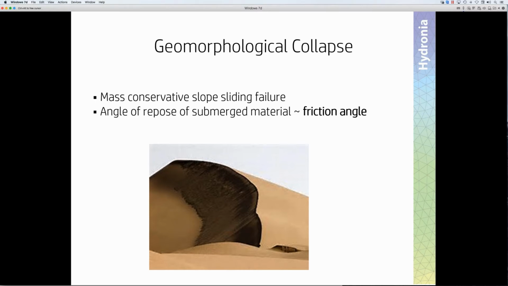So normally, unless you have a very cohesive sediment, the friction angle dictates the maximum slope that the bed can have, and that is automatically handled by the model to avoid creating unrealistic profiles in the bottom. And this is done with full mass conservation to avoid any intrusion of mass from the algorithm. So it's something that works pretty good for the range of sediment sizes that are accounted for in the model.